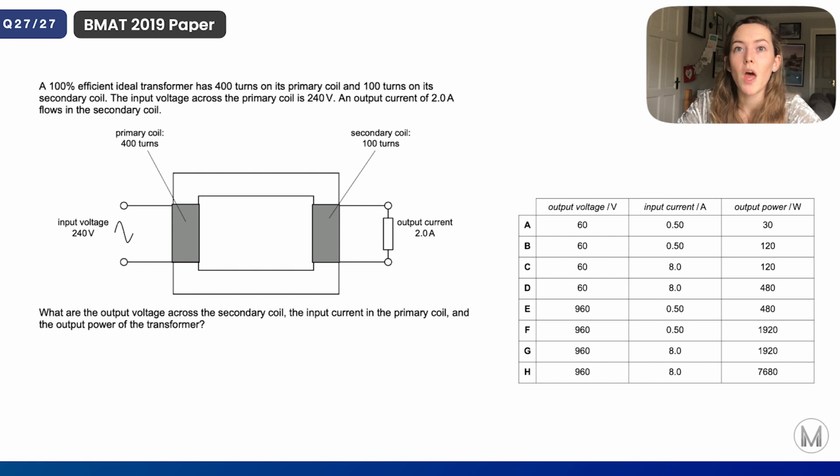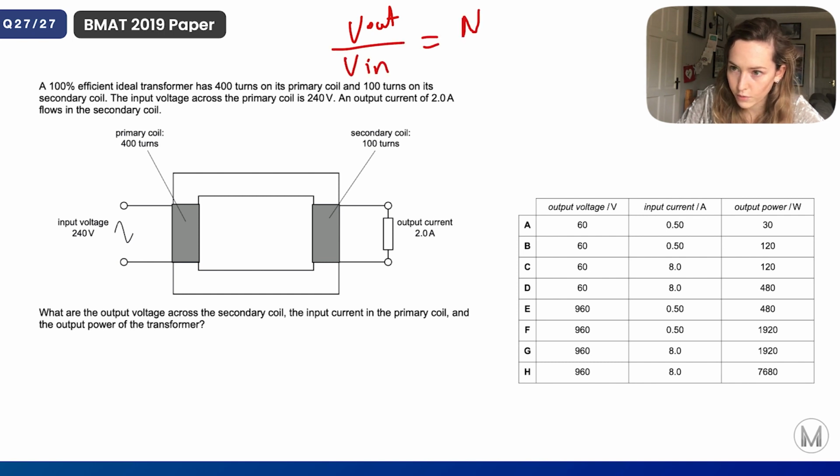Question 27. So this question incorporates all of the equations we use in the study of transformers. So the first formula involves the number of turns on the coil and the voltage. So remember, voltage out over voltage in is equal to the turns of the secondary over the turns on the primary.